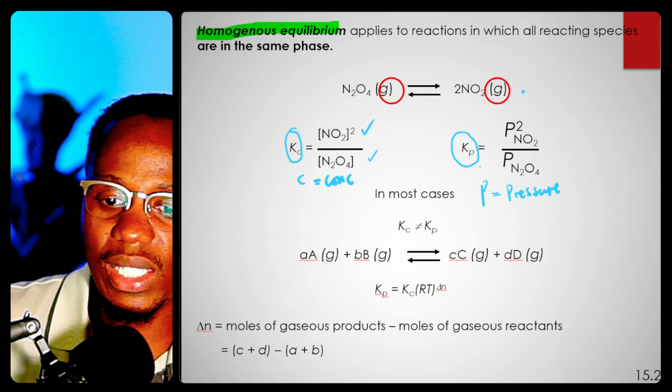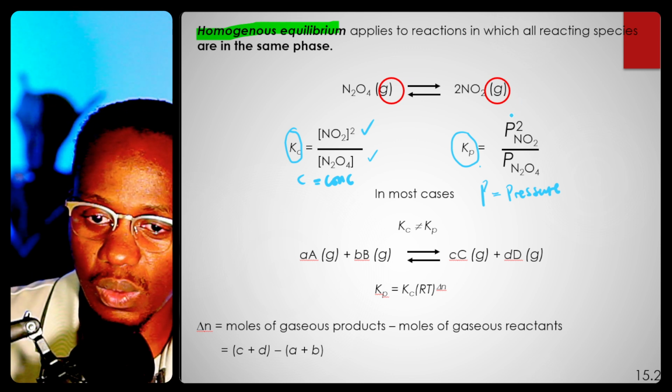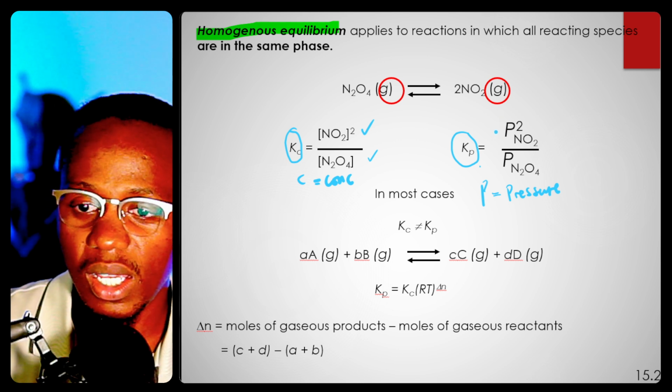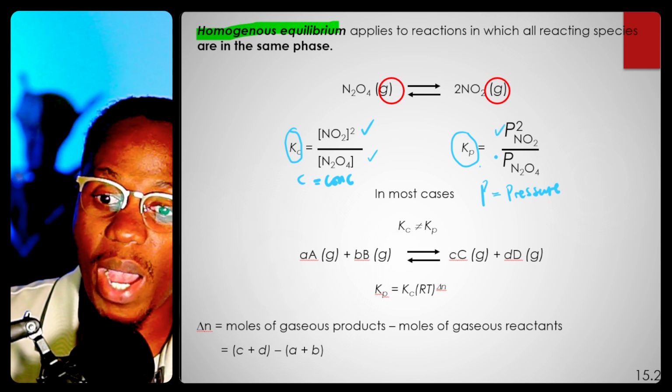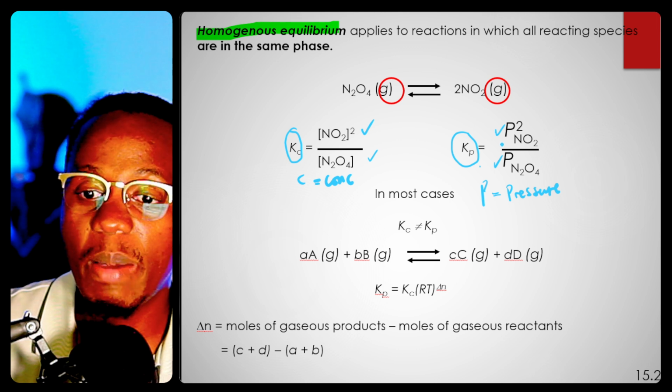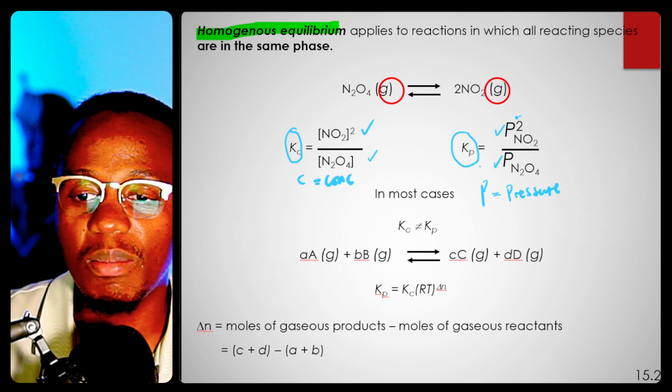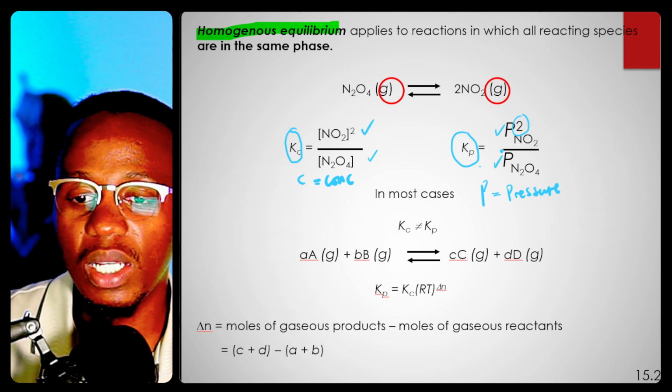When you have gases, we don't use concentration, we use pressure. What type of pressure? If you remember, we use what we call partial pressure, right? Remember the partial pressures? So you use partial pressures, you still give them the right exponents.